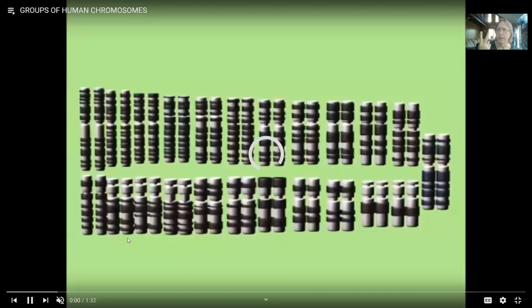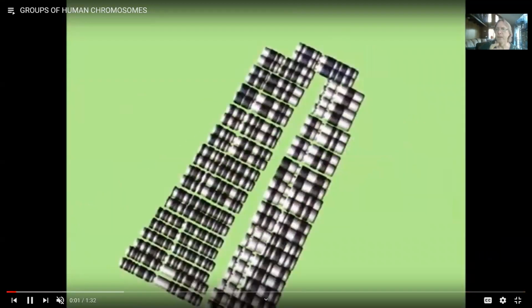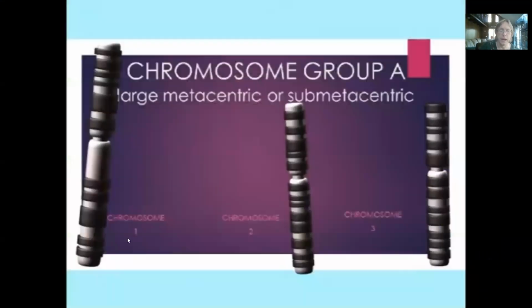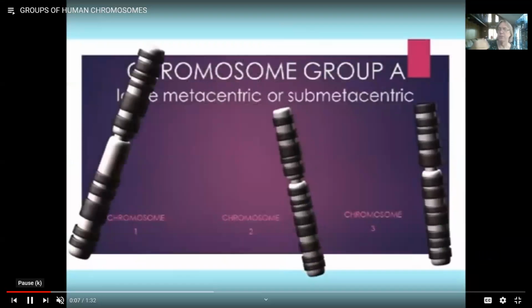When we look at human chromosomes in general, except for 21 and 22, the chromosomes are labeled with the largest one first, and then as we get to the smaller chromosomes, they have numbers like 20, 21, and 22. 21 is actually a little shorter than 22, so that's an exception to the rule.